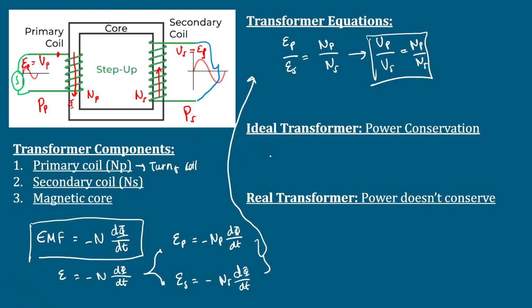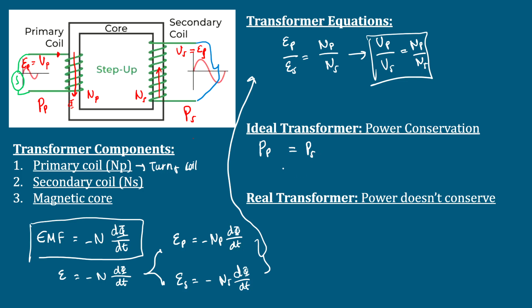In an ideal transformer, and we hope every transformer is this type, the ideal transformer allows power conservation, which means that PP will be equal to PS.